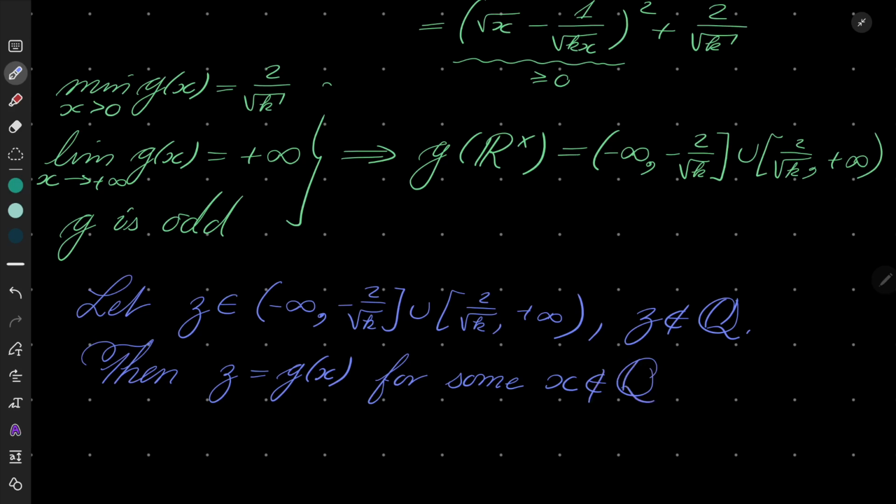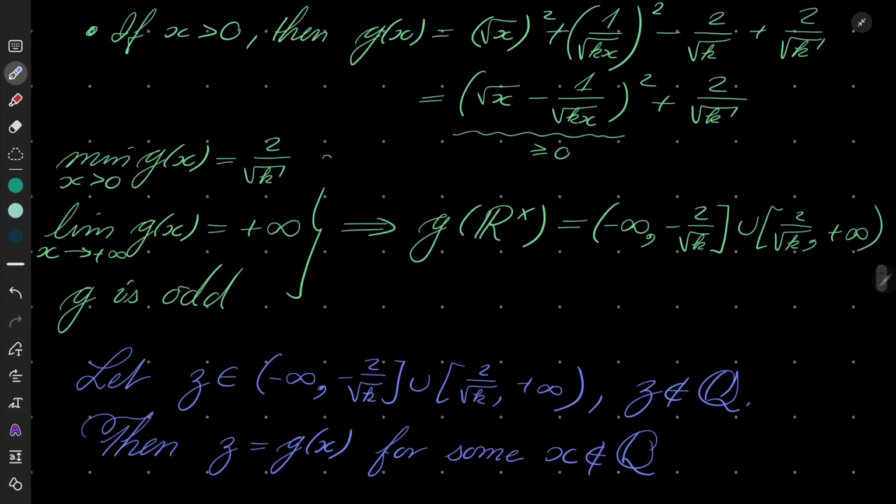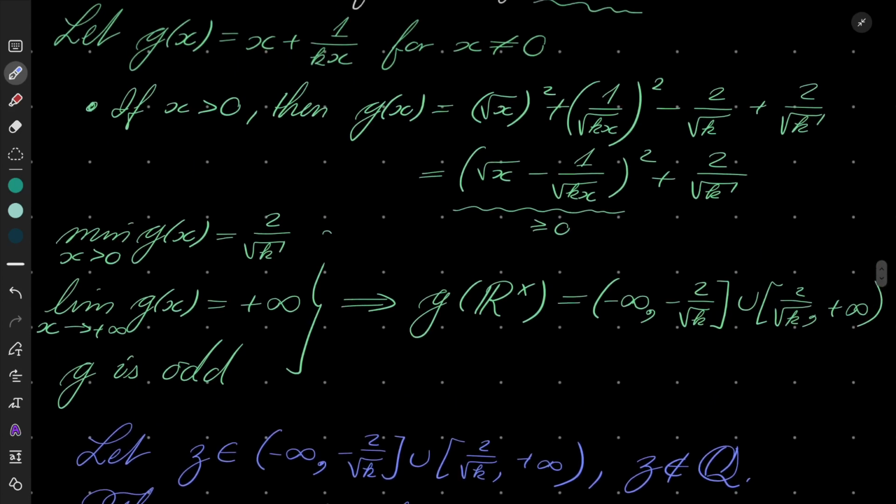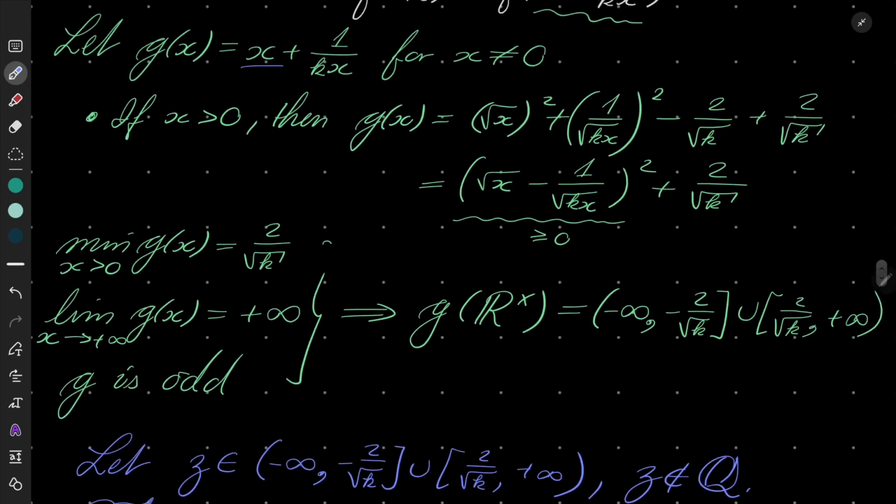Why? Because let's look once again at the formula for function g. If x is rational, then g of x is also rational. So if g of x is irrational, then x should be irrational as well.